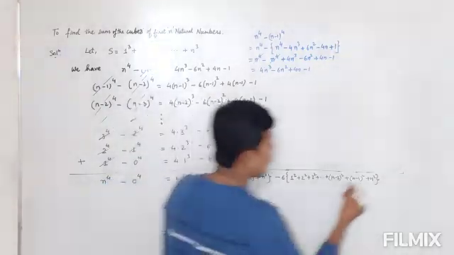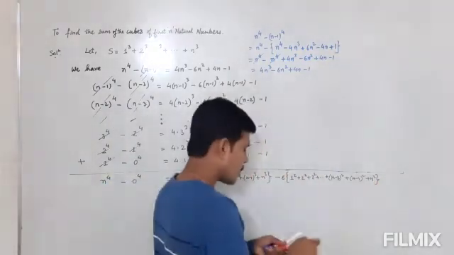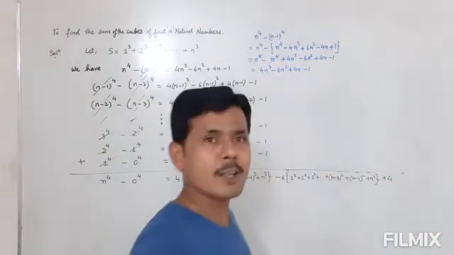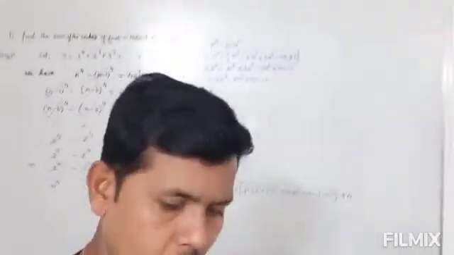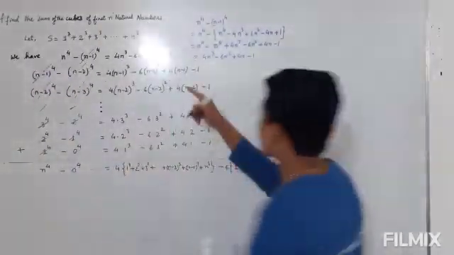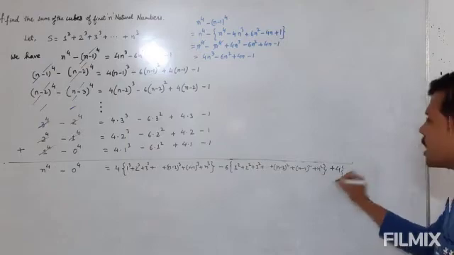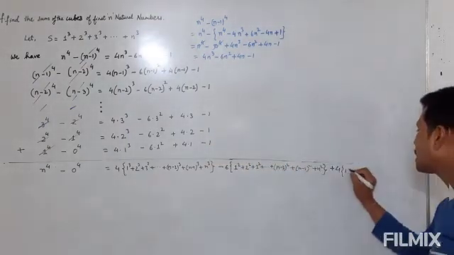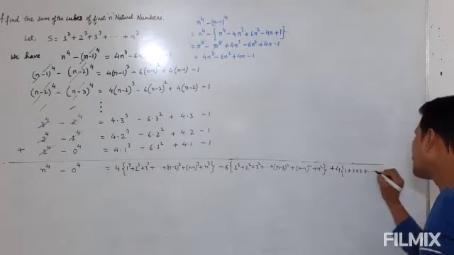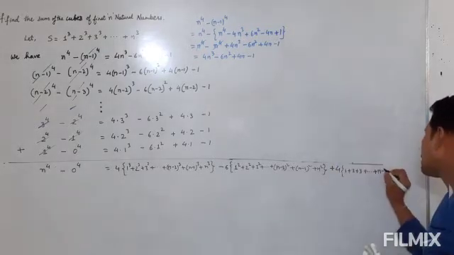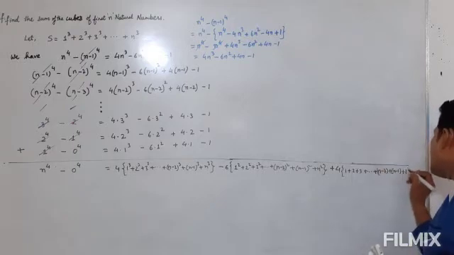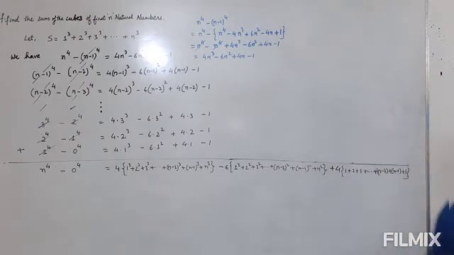Throughout you have 4 common in it, so you can take out the 4 common. So it is left with 4 times, 1 plus 2 plus 3 plus dot till (n minus 2) plus (n minus 1) plus n inside the bracket. Got it?